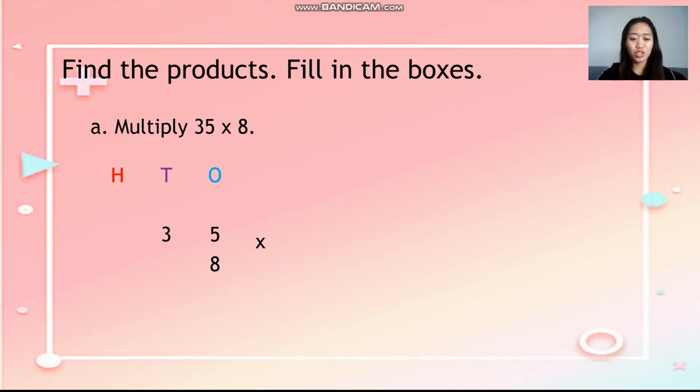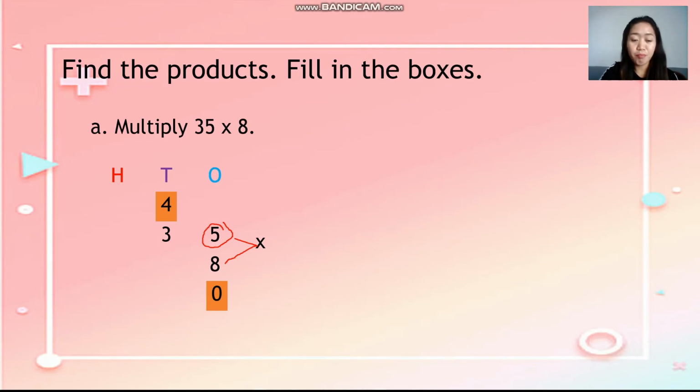Let's answer together. 5 times 8 equals 40. We write a 0 in the ones place and carry over 4 in the tens place.